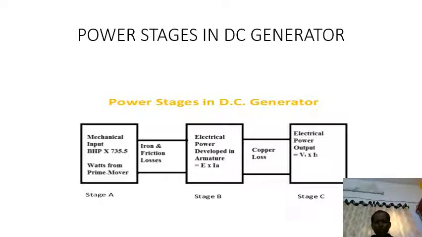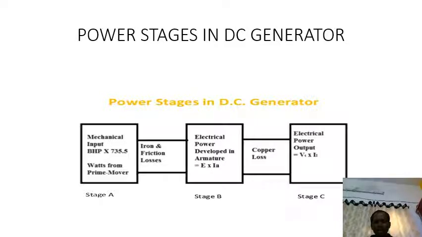So in the power stages of a DC generator, there are three stages: stage A, stage B, and stage C. Stage A, mechanical power input is given. Stage B, electrical power developed in the armature, that is E into IA. Stage C, electrical power output, V into IL.